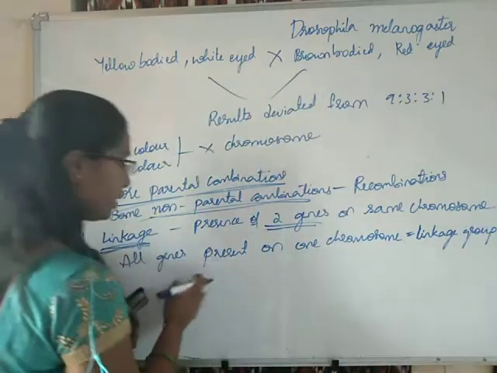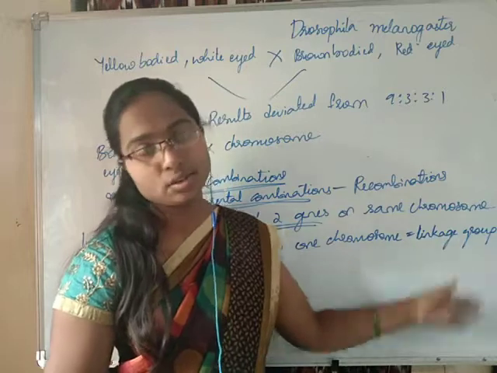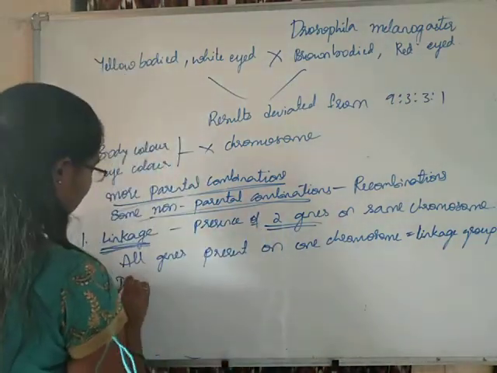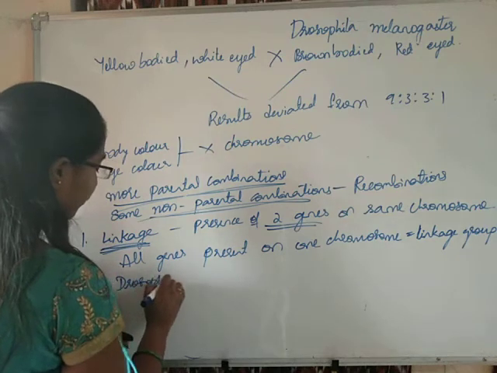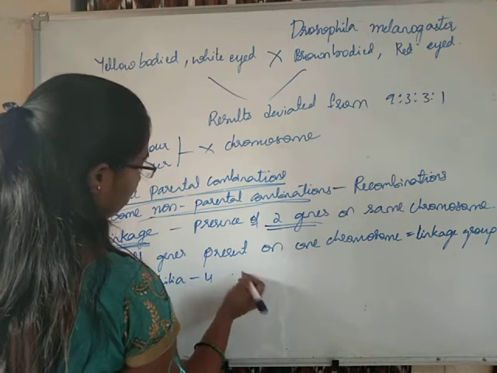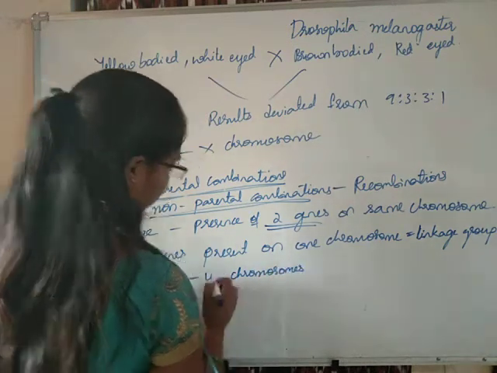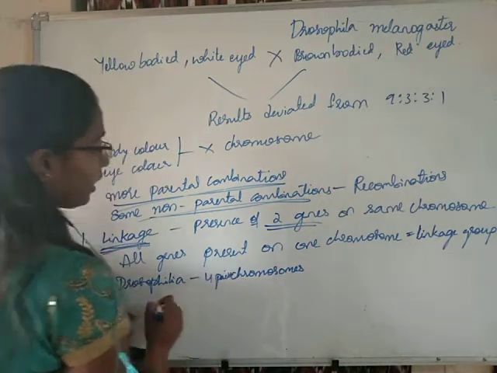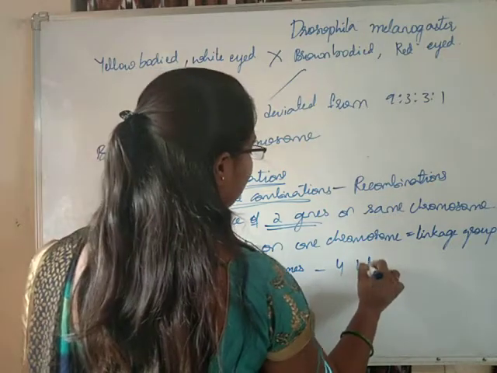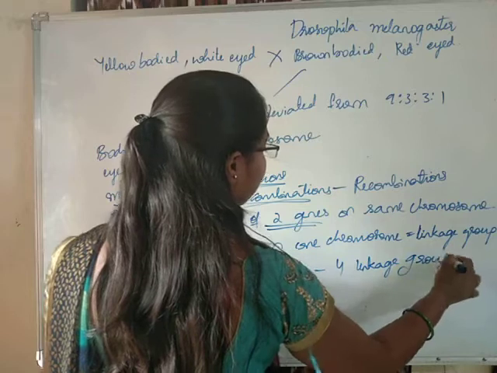For example, Drosophila has 4 pairs of chromosomes, so it consists of 4 linkage groups.